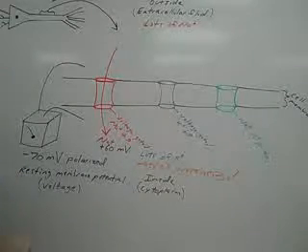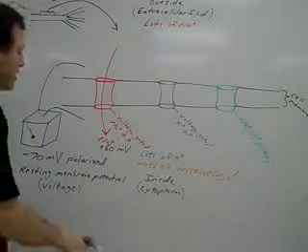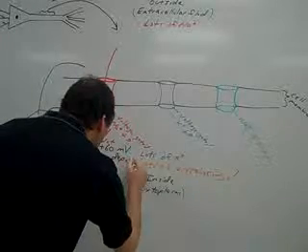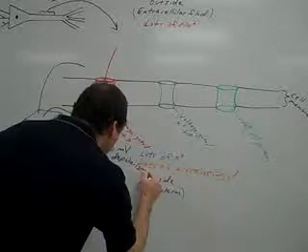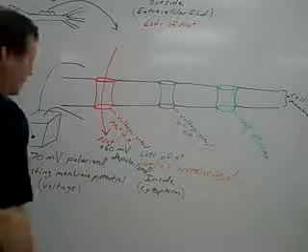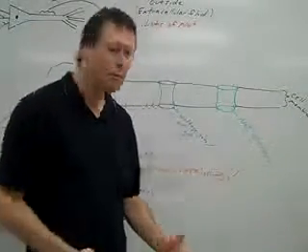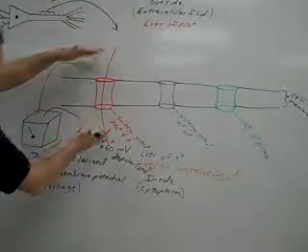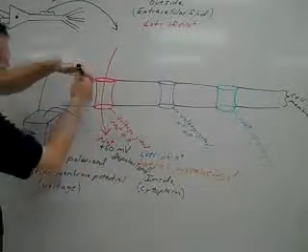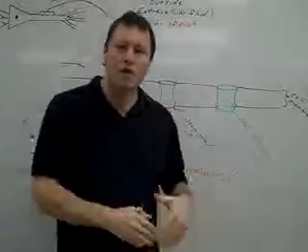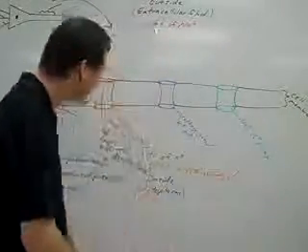That's how far it's going to go. And we say that the membrane now is depolarized. That means that there's no longer a separation of charge. And that is a signal right here. Our membrane potential, our voltage, has changed. And that change in voltage is the signal.